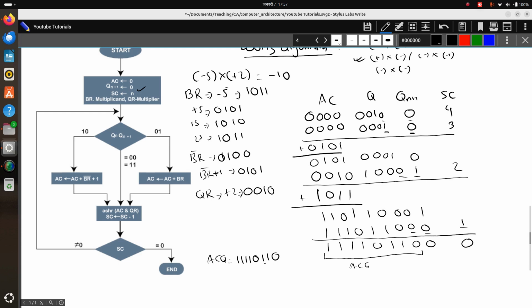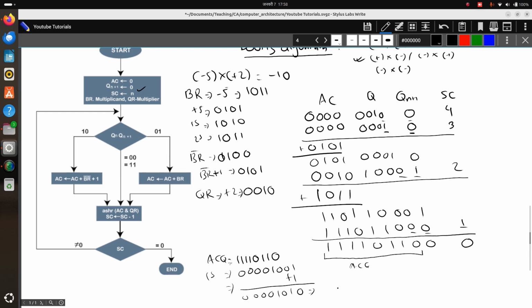Now remember that this particular answer represents some negative value. So if we want to find out what is the magnitude of this value, what we do is we take the 2's complement of this particular value. So the 1's complement of ACQ is 0, 0, 0, 0, 1, 0, 0, 1, and then the 2's complement of this particular value is, we add 1 to this, so this becomes 0, 0, 0, 0, 1, 0, 1, 0.